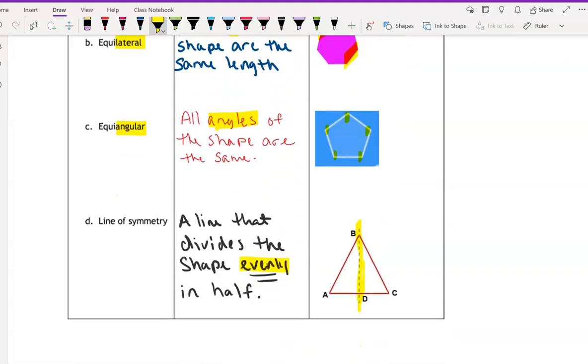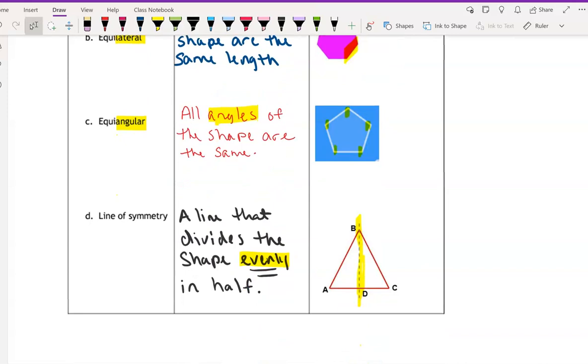Line of symmetry. All you have to remember is it's a line that divides the shape evenly in half. So as you can see, this dotted line divides this triangle evenly in half. So whatever's on the left is the same as whatever's on the right, the same amount of space. So make sure this is all in your notes.